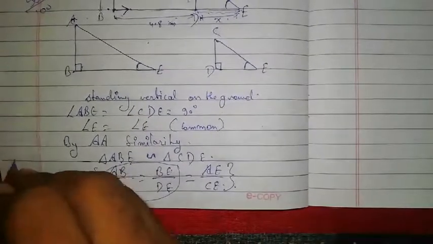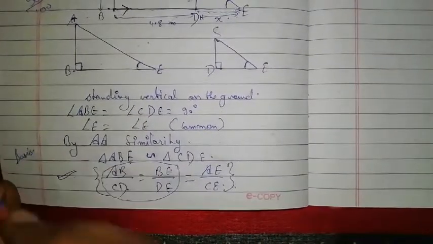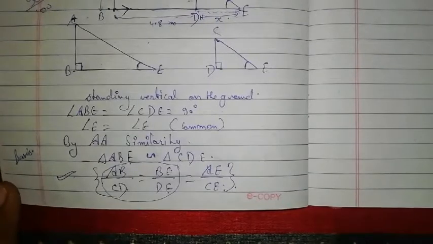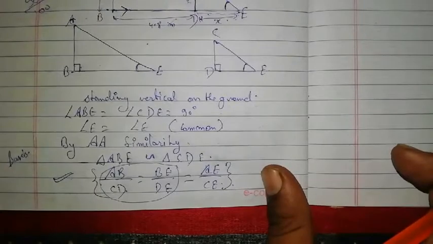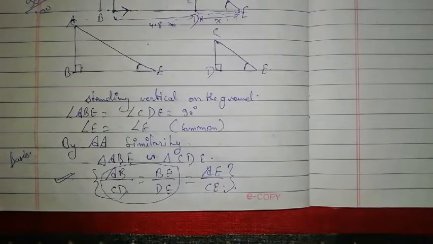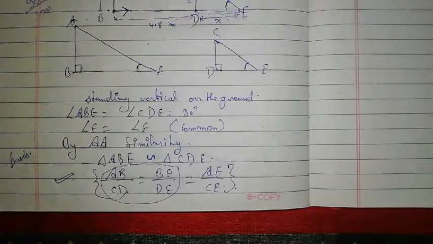This is by basic proportionality theorem, which is very very very important regarding your board examination from this chapter. It may not be asked directly to prove the basic proportionality theorem, but it will surely give one question based on the BPT, that is basic proportionality theorem. So after that we have a topic, areas of similar triangles.